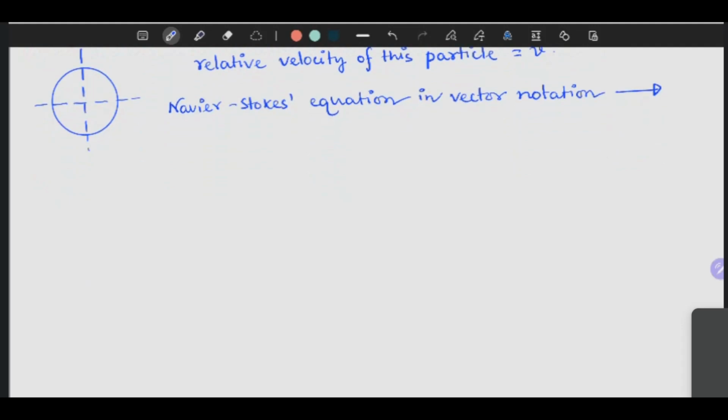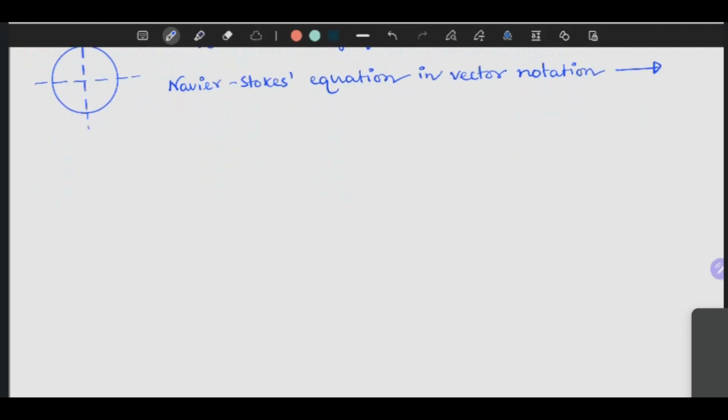So we will use a certain coordinate system.